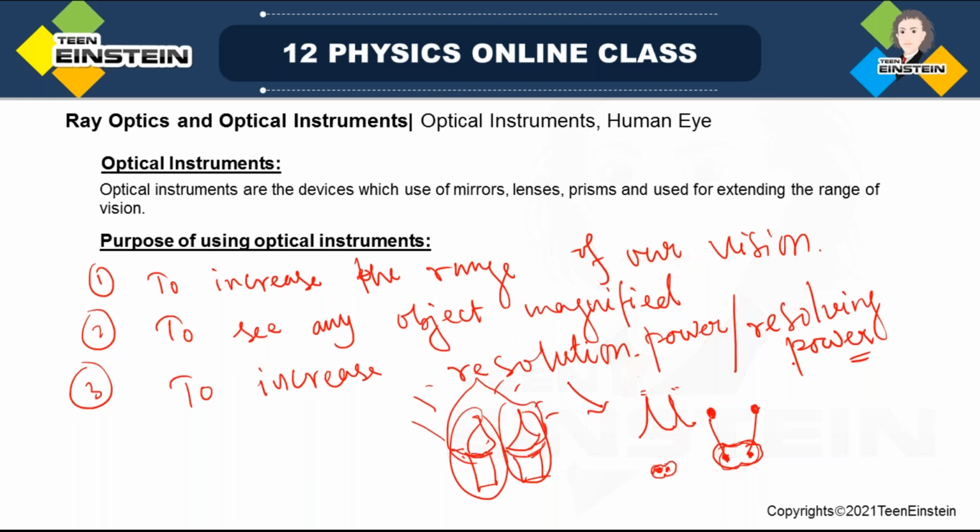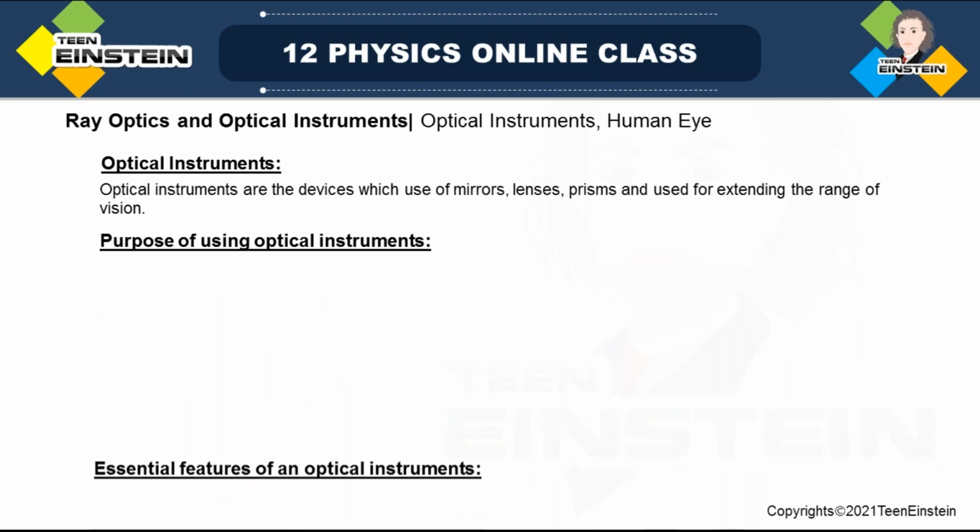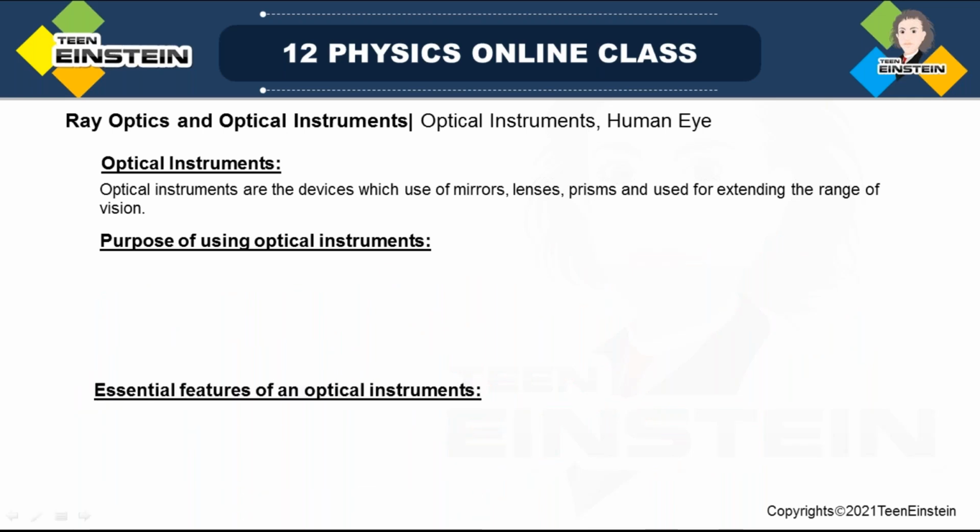Okay, so this is to increase the resolving power, to see a magnified image of any object, and to increase the range of our vision. So these are the purposes of using optical instruments. Now we'll see the essential features.